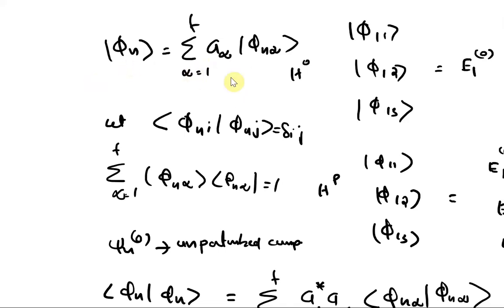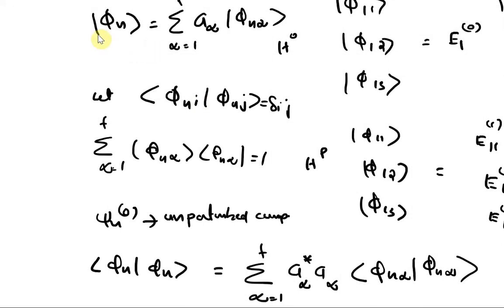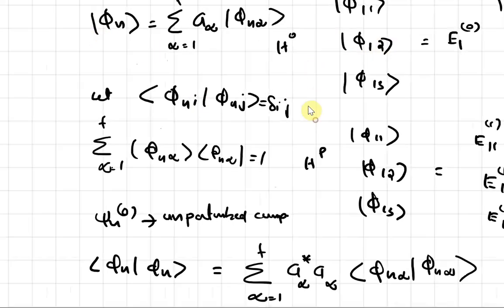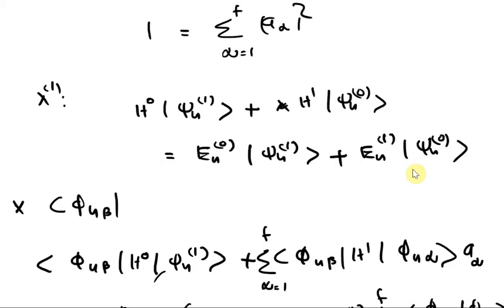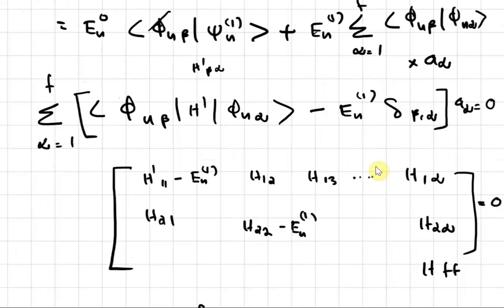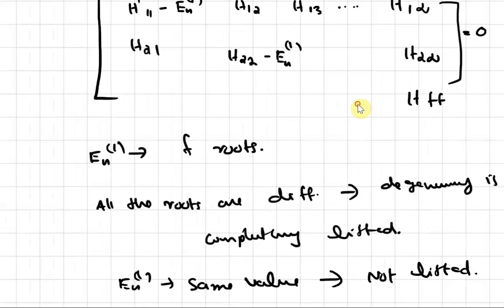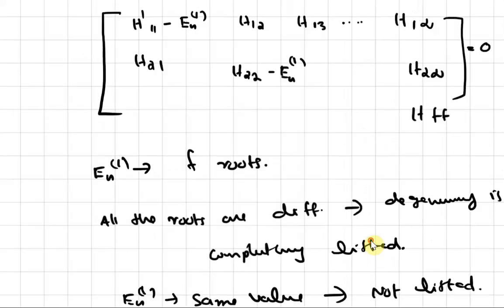But in this case, to find out the zero order correction in the wave function, you need the first order correction in the energy, and that is the same as you go higher and higher order. If you want to find out the first order correction in the wave function, you need to go to second order correction, or the third equation in our lambda square equation you have to utilize. So we will not be doing that part.